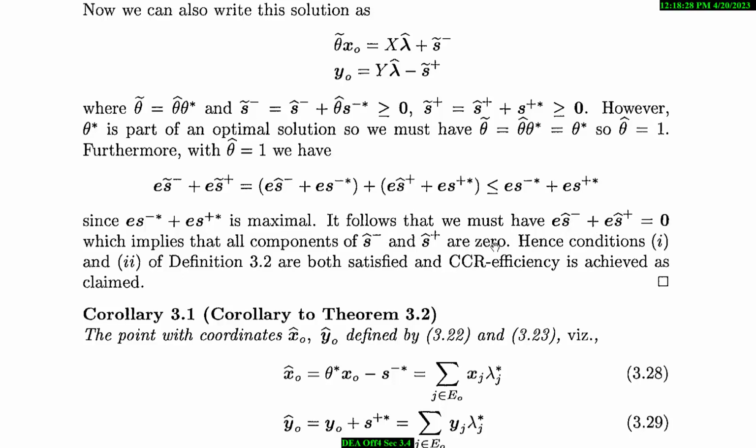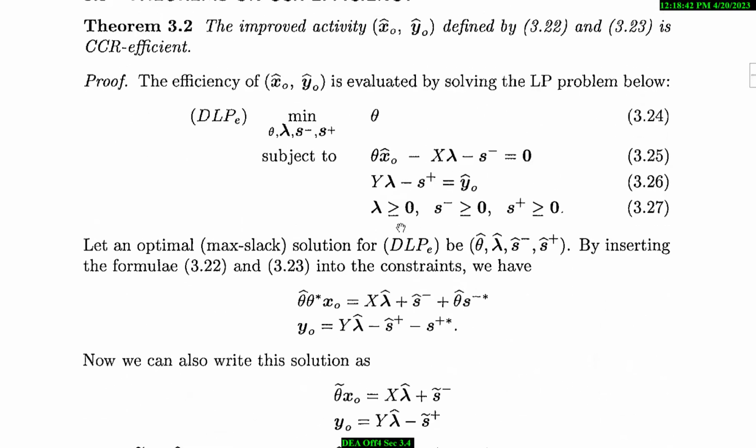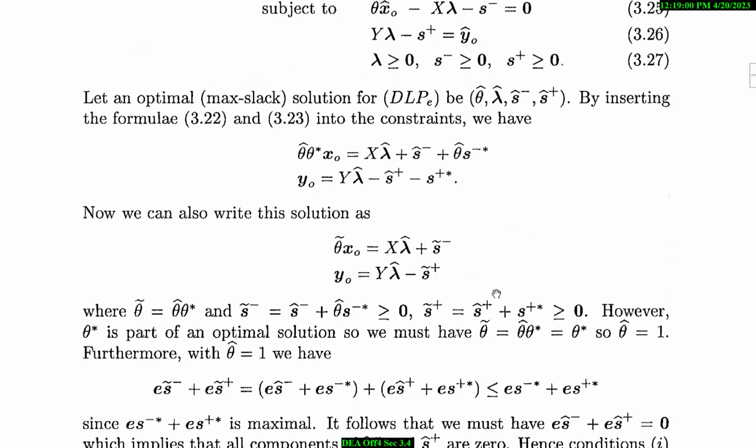So we showed both conditions for CCR efficiency in definition 3.2. First, the optimal objective function value of the model is 1, and then its optimal slacks for the max slack solution or any arbitrary optimal solution are equal to 0.